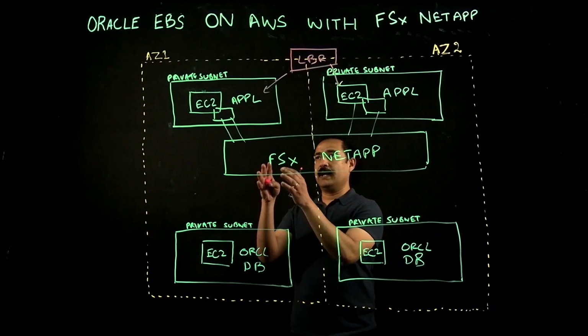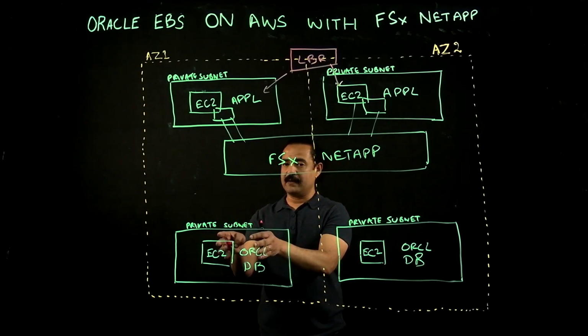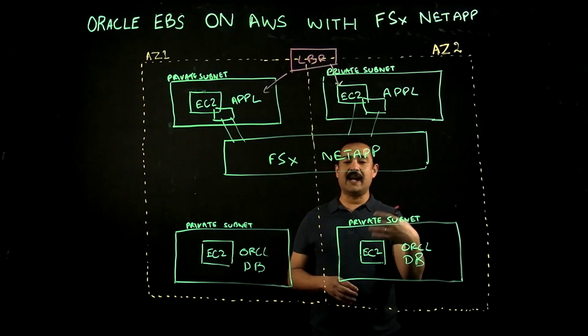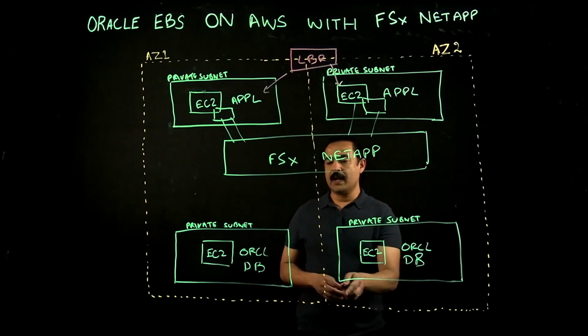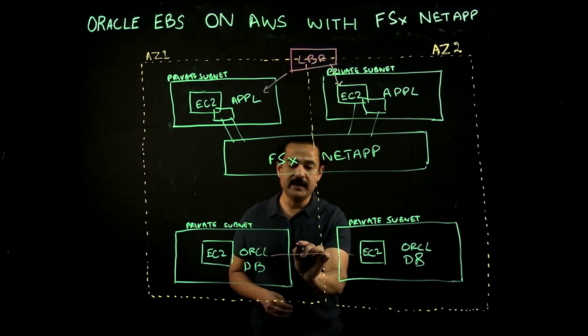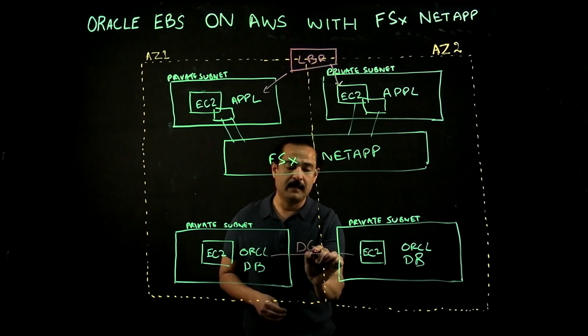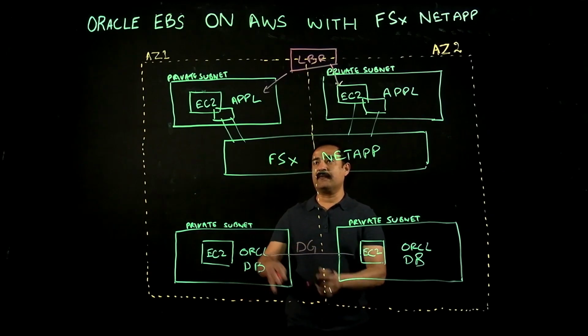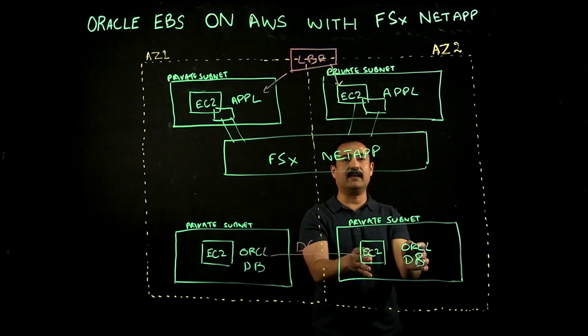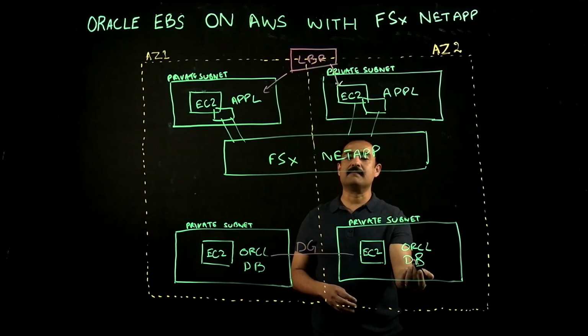For example, in AZ1, you have deployed the primary database server. In the second AZ, we are going to have the standby EC2 instance. And by using Oracle Data Guard, we are going to make the database highly available, so that when the first AZ goes down, the database fails over to the EC2 server running in the second AZ, and this becomes your primary database.